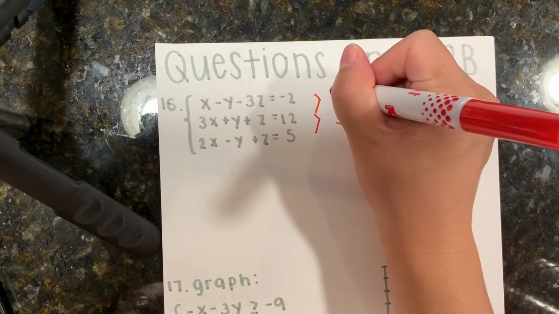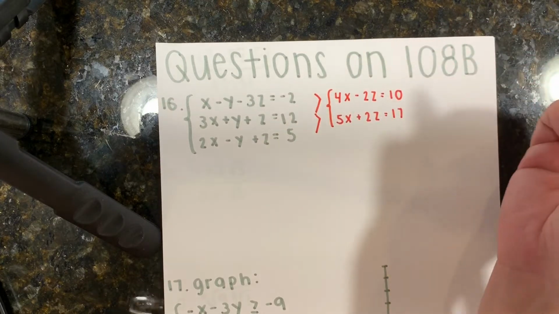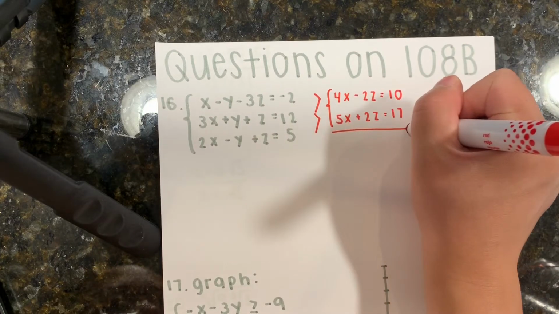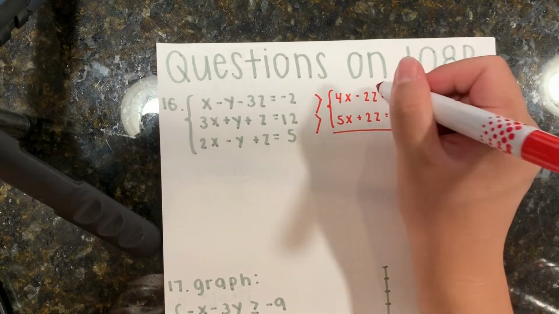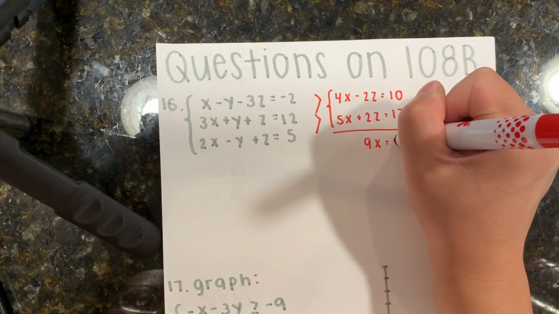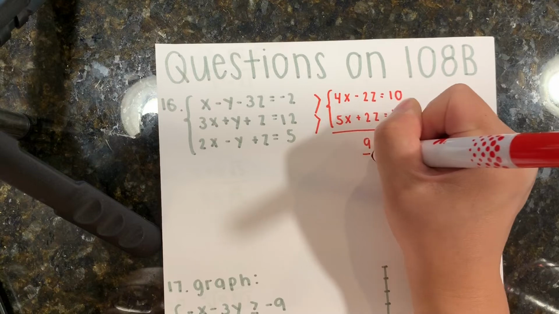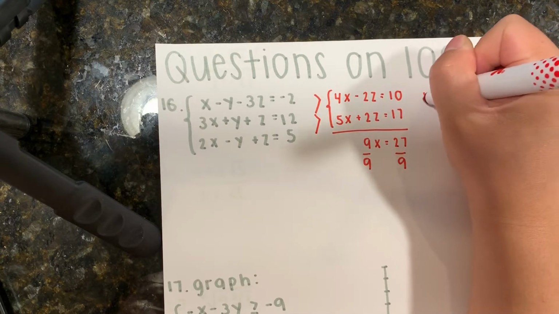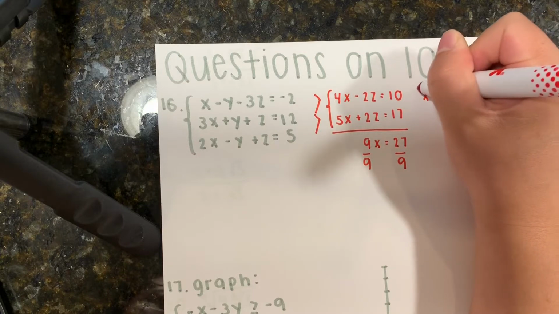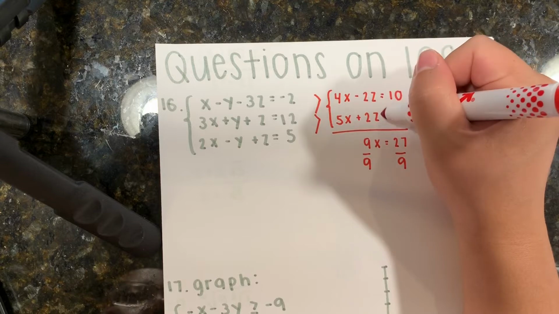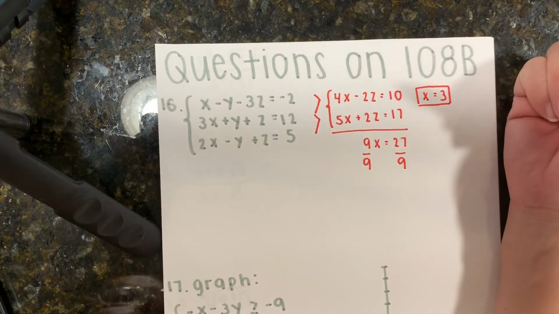Now, what you should recognize is with these two equations, I actually can do elimination right away. And I can add the two equations, canceling out the z's, and you get 9x is equal to 27. So when you divide by 9, we get x is equal to 3. Once you know what x is equal to, I can take that x and plug it into either one of these equations to solve for z.